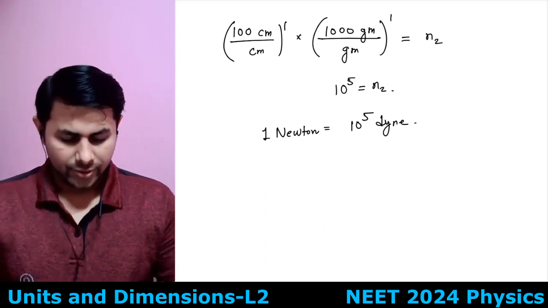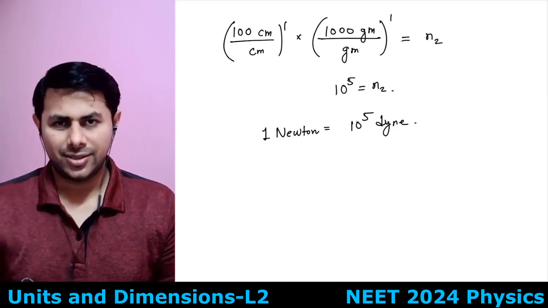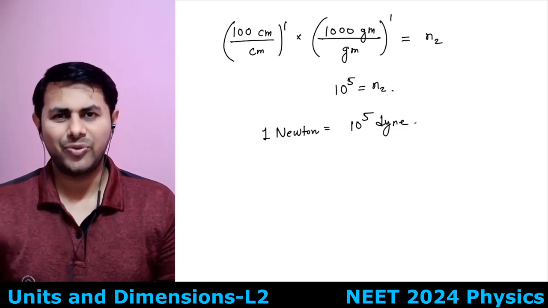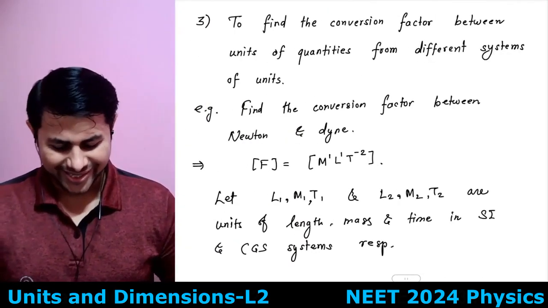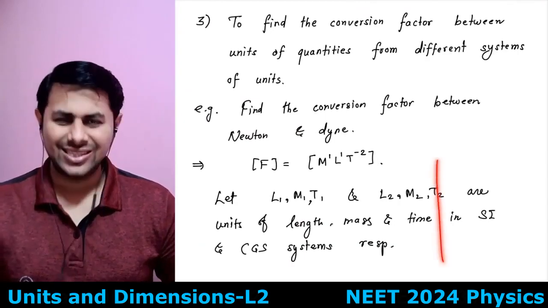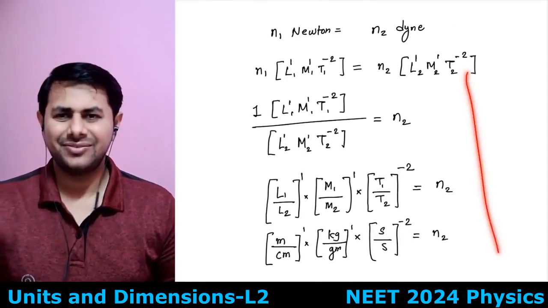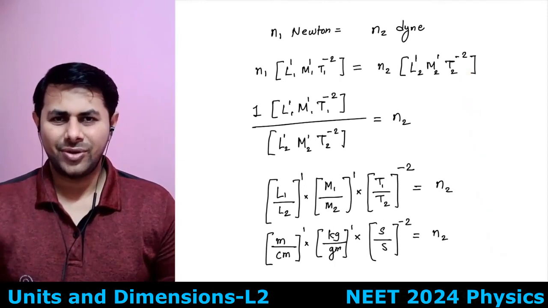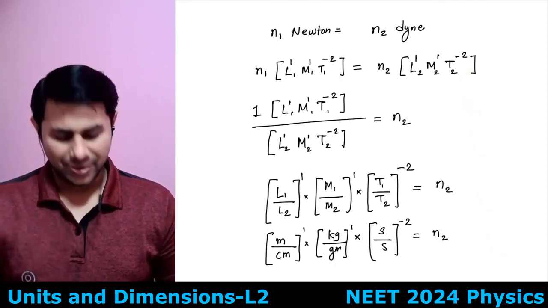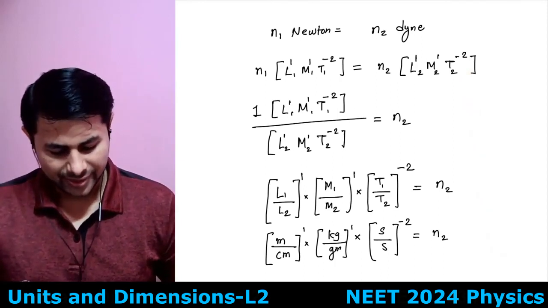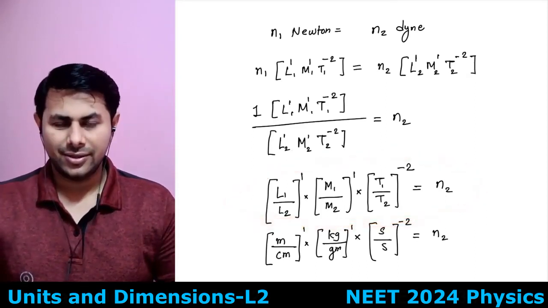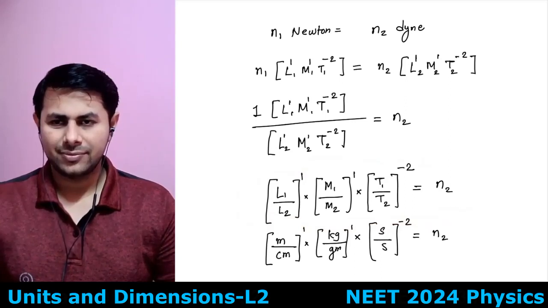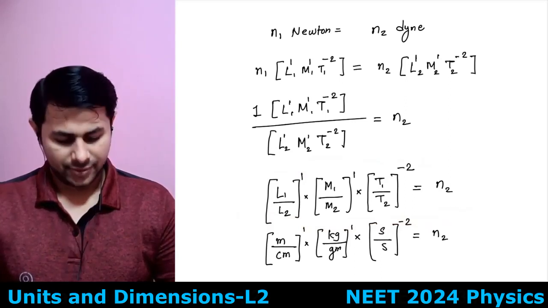Okay, so if there is a question like this in your exam, what will you do? Will you write everything like this? No, sir. You will just write N2 equals to this thing directly.